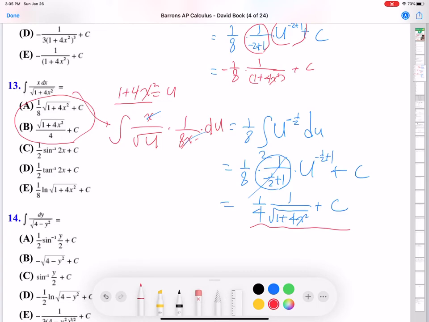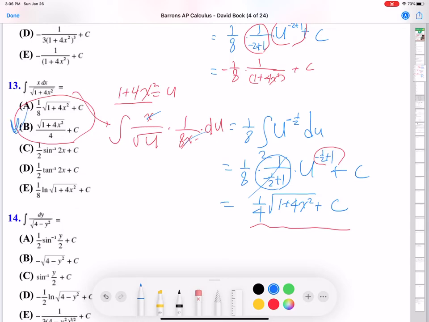I'm sorry, this is a positive 1/2, that's my fault. Positive 1/2, so 1 over 4 times square root of u. That's 1 plus 4x squared. That's why B is the answer.